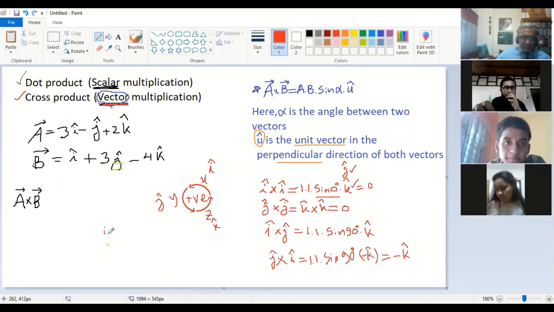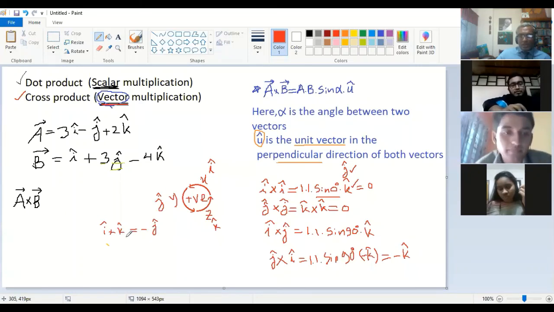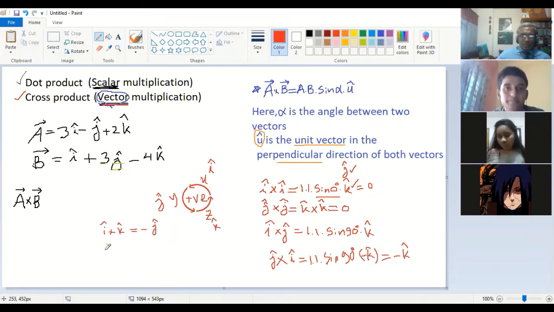Minus j, it is correct, because it is clockwise. If you write k cross i, that will be plus j. And j cross k will be plus i. So this is the understanding.